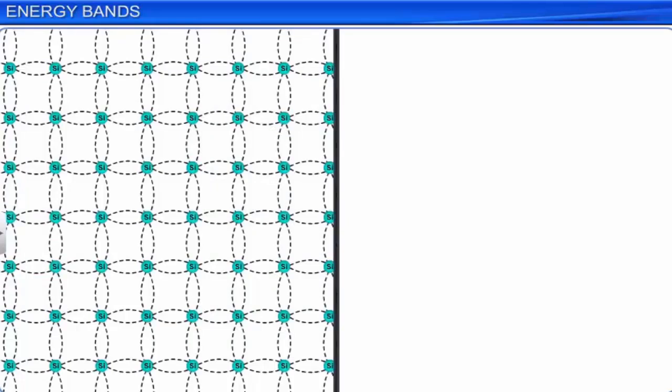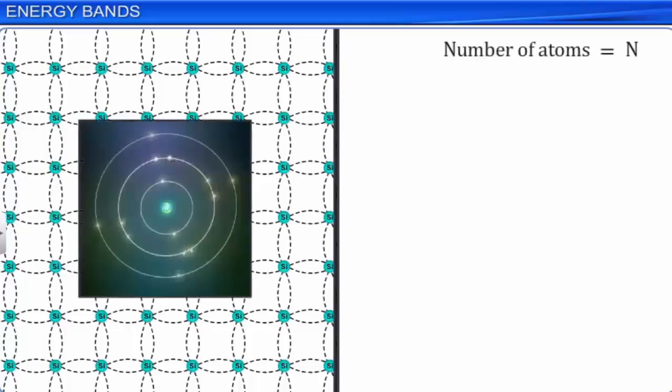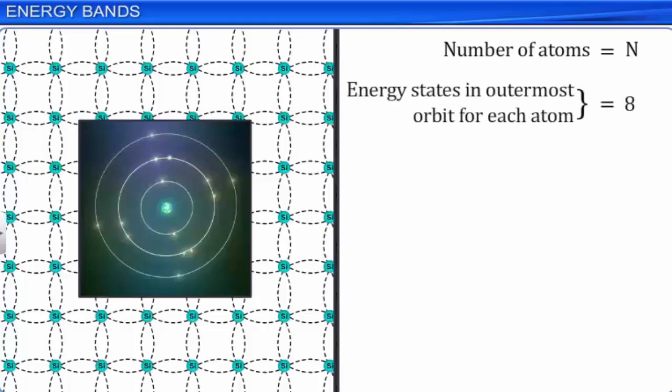Let us assume that there are n silicon atoms in the crystal, each with 4 valence electrons. For silicon, in the outermost orbit, there are 8 energy states available, out of which 2 states belong to the 3s orbital and 6 states belong to the 3p orbital.